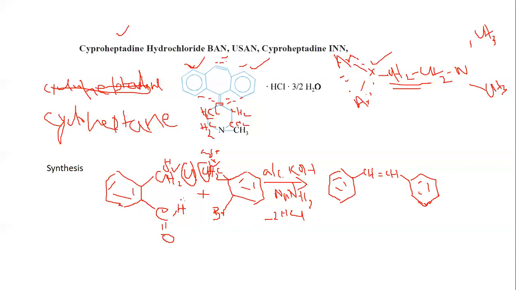Here is one hydrogen and one bromine. So there is another elimination of HBr. Okay, so this bond will form here, C double bond O.